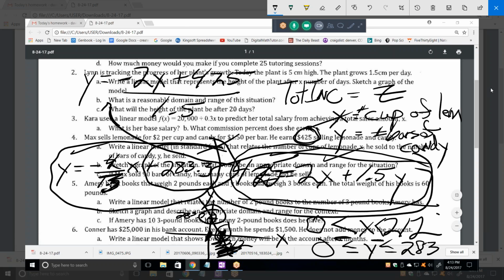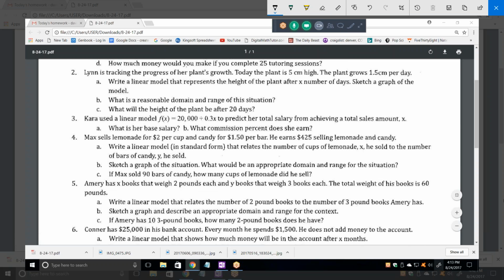So the number of cups of lemonade has to be between 0 and 212. The number of candy bars has to be between 0 and 283. And that is the effective domain and range. And that's what they mean when they say effective.